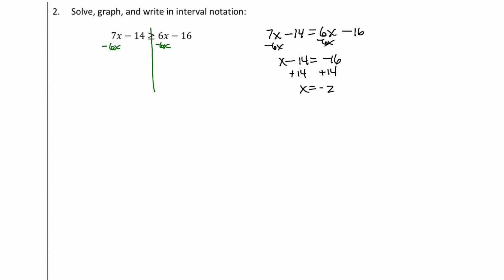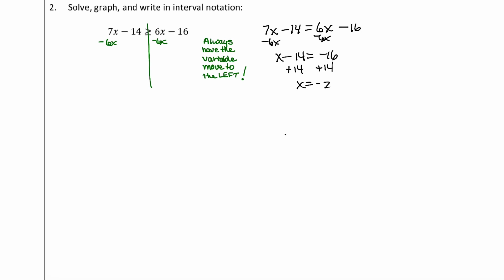Okay, on inequalities, always move the variable to the left. If you have the variable on the left, and this is not the same problem, I'll even change the variable. Here we go. If I had n is less than 2, then when I graph that, I can do that shortcut, meaning it points to the left, and I'd have an open circle at 2.